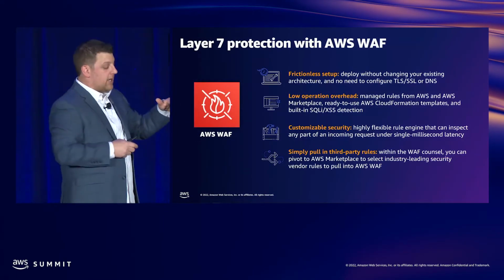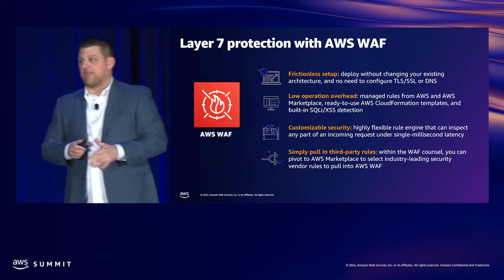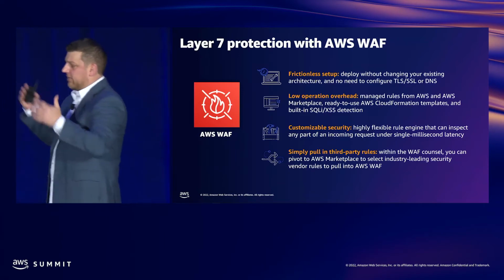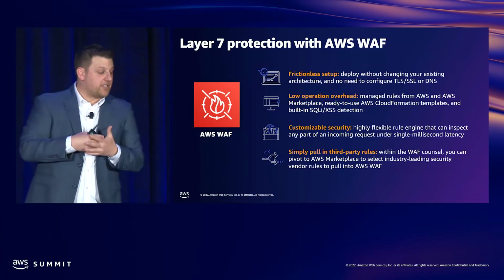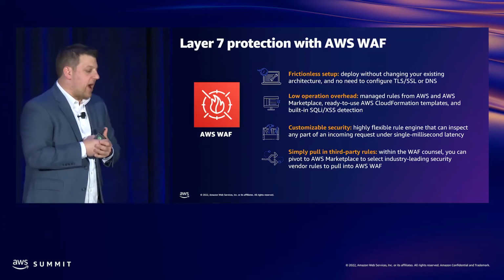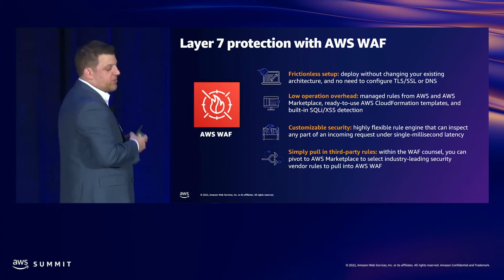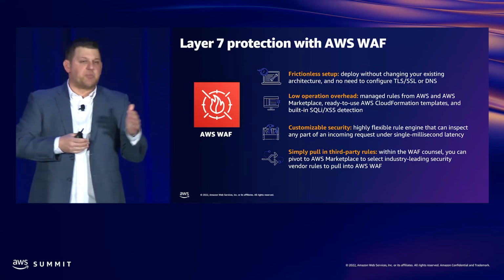So now, because we touched on WAF, I think it's important just to talk at a high level about what WAF means, because WAF is very important for Shield Advanced. So our AWS WAF is our layer 7 protection. It comes with Shield Advanced, but just some key notables.